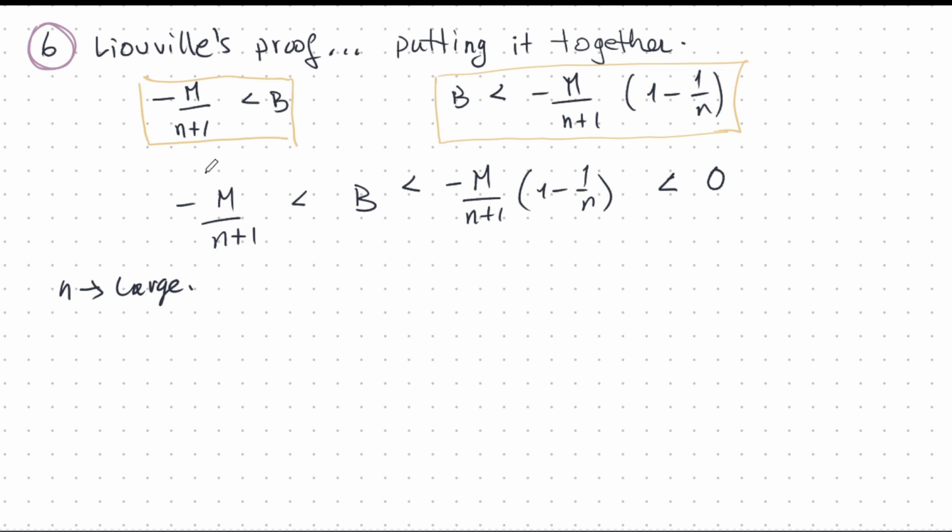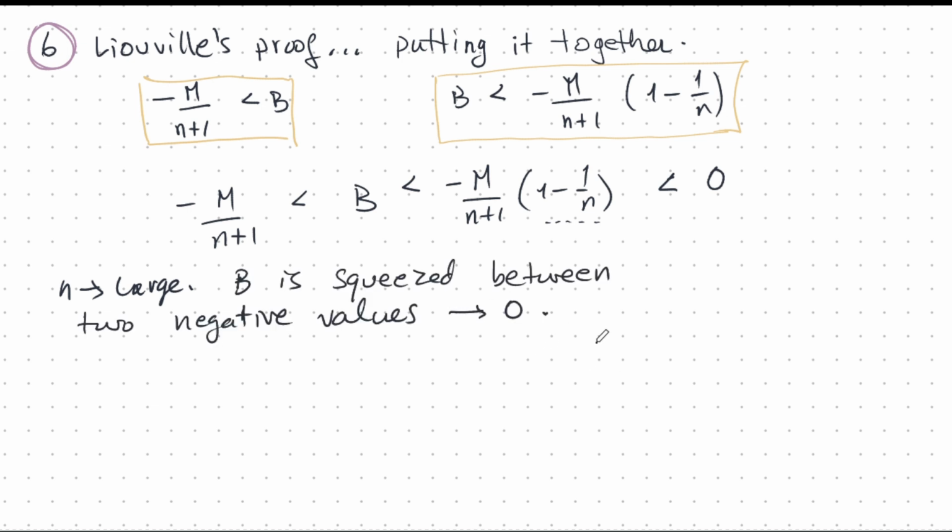The two values on the left and right of B become very small and very close together because this becomes closer and closer to 1. So B is squeezed between two negative values that both go towards 0 from the negative side. So B is a small negative number.